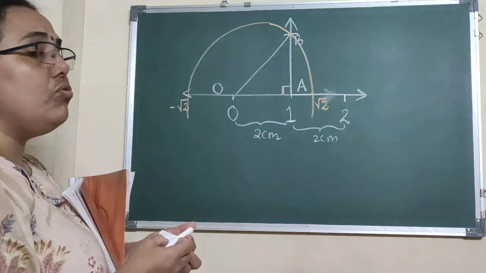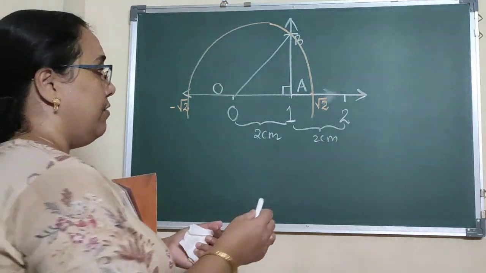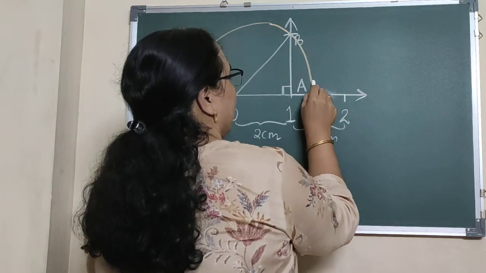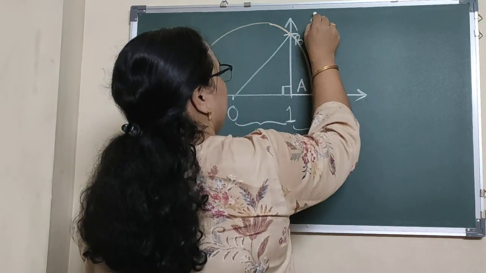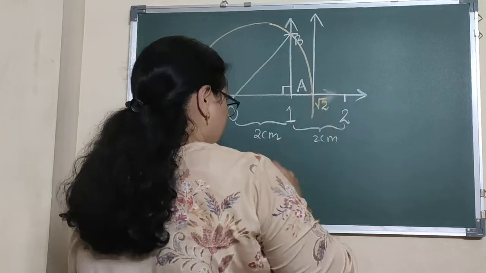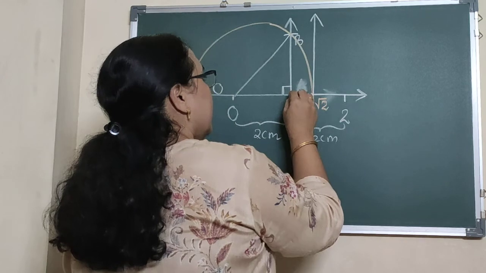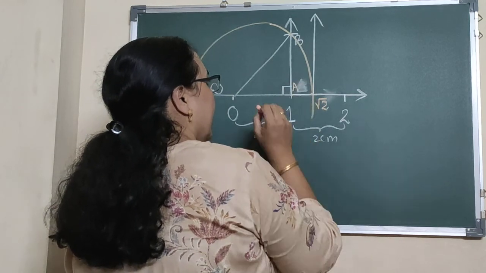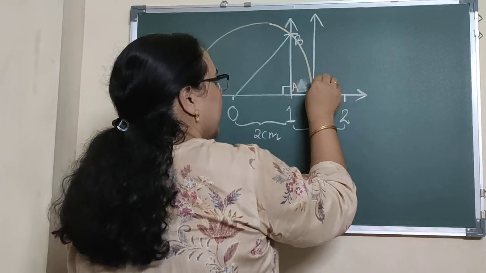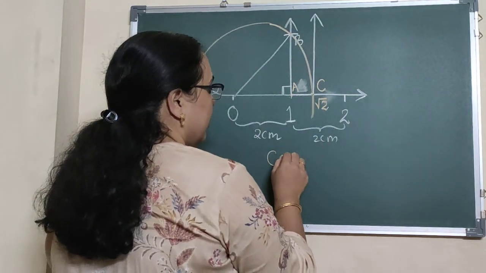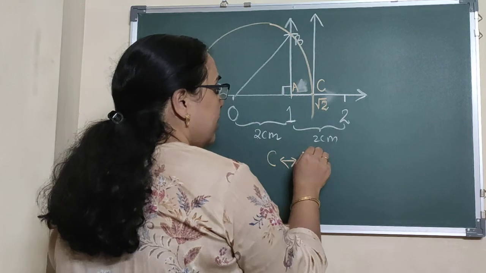Suppose if we have to do root 3. Yes. To do root 3? Yes. Come on. Very good. We draw a perpendicular at this point. See, whenever I take a new point, I have to name that point. This is my point A, and this will be the new point which I have, C. So the coordinate of C is root 2.